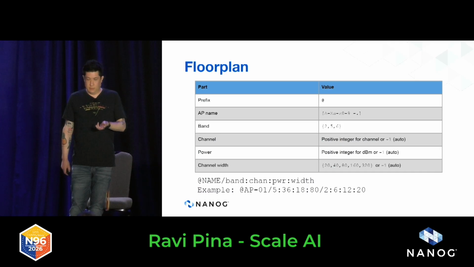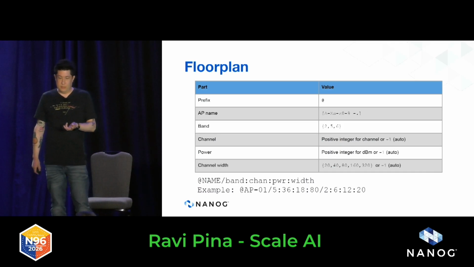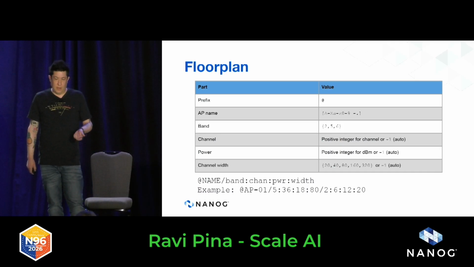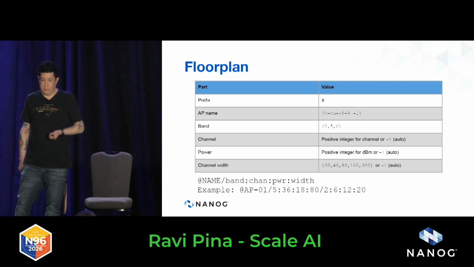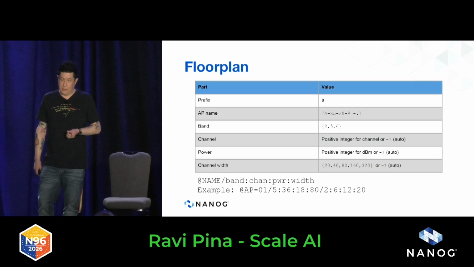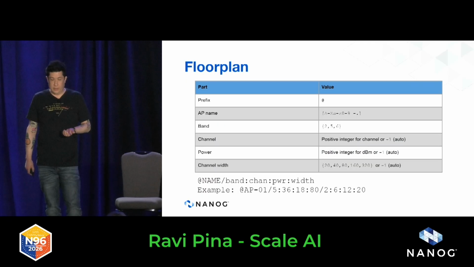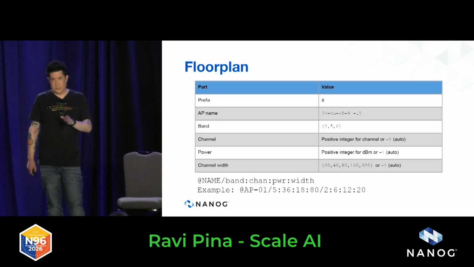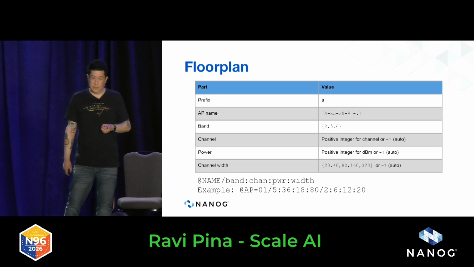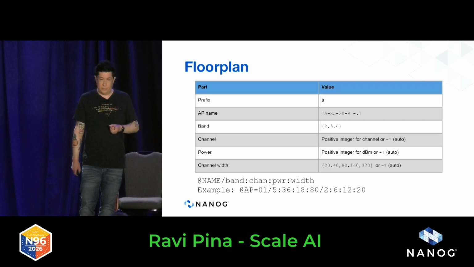The example there is showing that AP01 on 5 gig is using channel 36, the transmit power is going to be 18 dB, and then the width will be 80 megahertz. And then the 2.4 gig, and I shortened it, instead of just doing 2.4, it's just 2, will be channel 6, 12 TX, and 20 is the width.